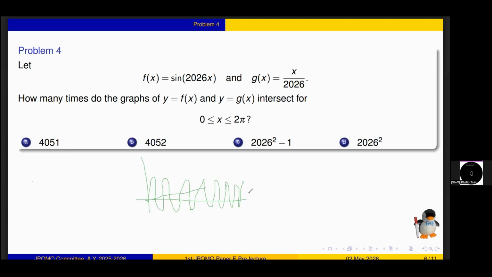In what quadrant will sine of 2026x be in the unit circle?